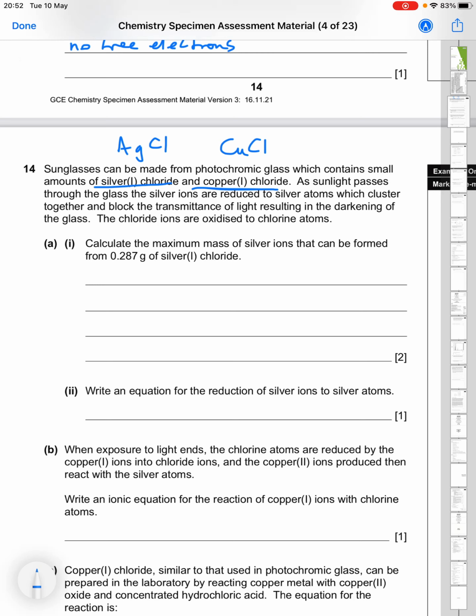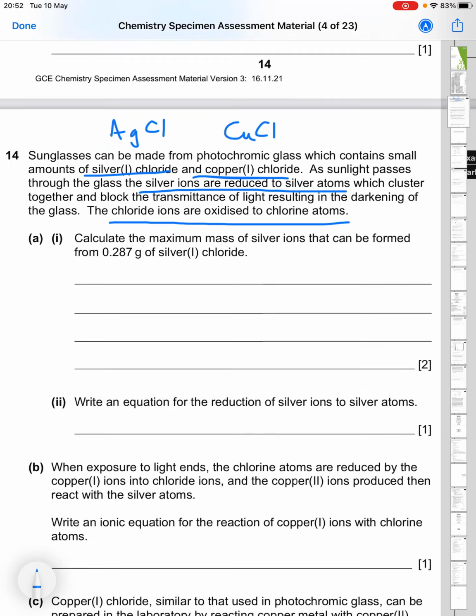So as sunlight passes through the glass, silver ions are reduced to silver atoms, which cluster together and block the transmittance of light, resulting in the darkening of the glass. The chloride ions are oxidized to chlorine atoms. It's probably going to be important as well. So calculate the maximum mass of silver ions that can be formed from 0.287 grams of silver(I) chloride.